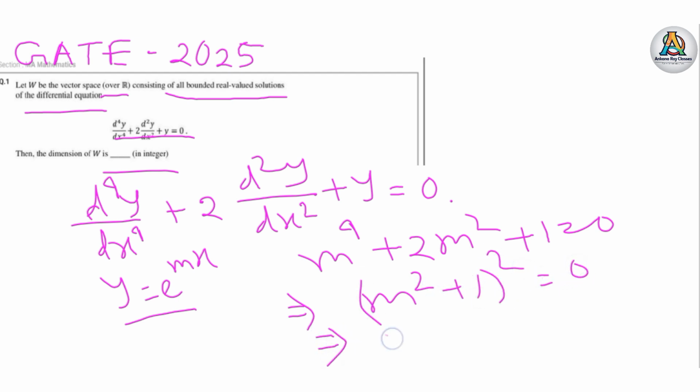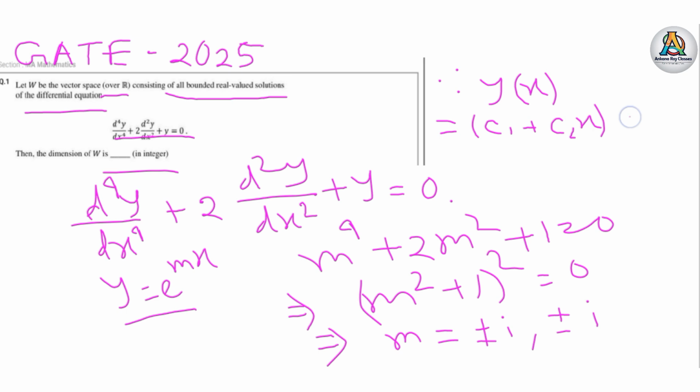This means m is equal to plus minus i, plus minus i. Therefore, the solution of this differential equation is y(x) is equal to (c1 plus c2 x) cos x plus (c3 plus c4 x) sin x.